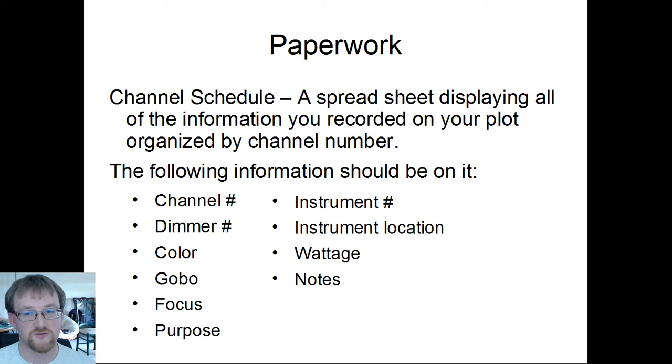And so usually the focus is the data and the purpose is the artistic, if that makes sense. And I'll talk about that a little more when I make the plot. Next should be instrument number, then instrument location, aka what electric is it on or what position is it on, the wattage of the light, and then any special notes.